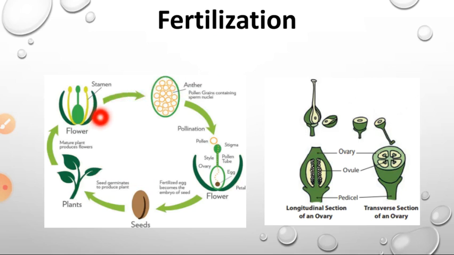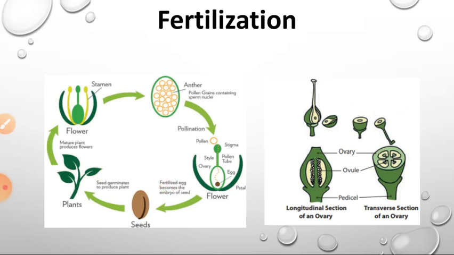Here in a flower, the stamen is the male part, and near it is the anther, which only supports the pollen grains. The pollen grains from the male part reach the stigma, the female part. At last they go inside the ovary, and after fertilization, the ovary becomes the fruit and the ovule becomes the seed. So from the seed we can get the new plant.